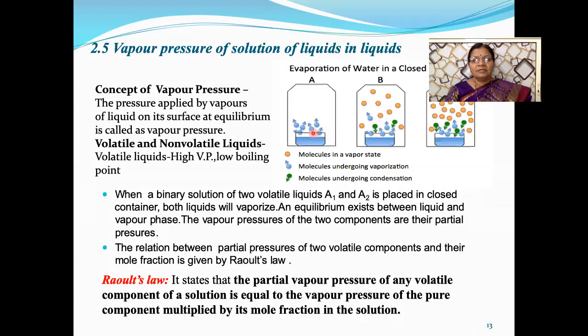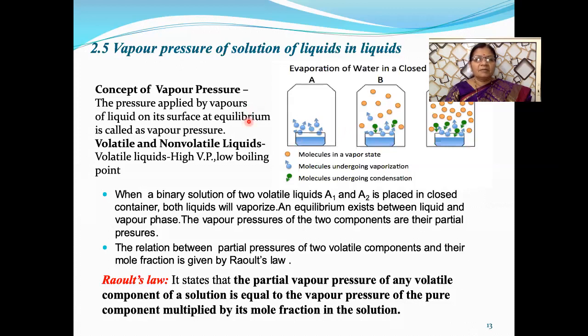So at the beginning, the rate of evaporation is higher, whereas the rate of condensation is low. But next, you can observe in the third figure, when the rate of evaporation and the rate of condensation become equal, that is the equilibrium.